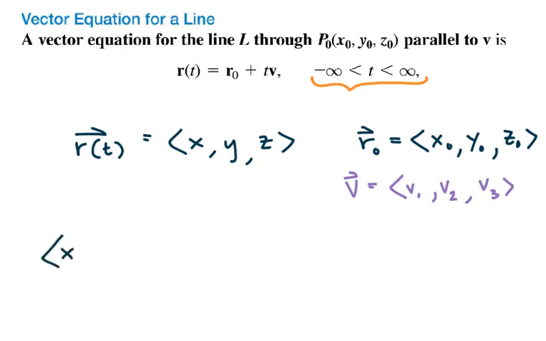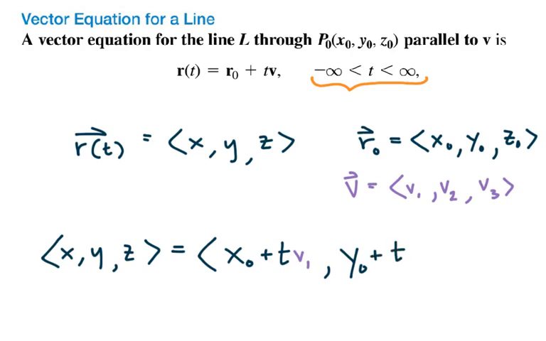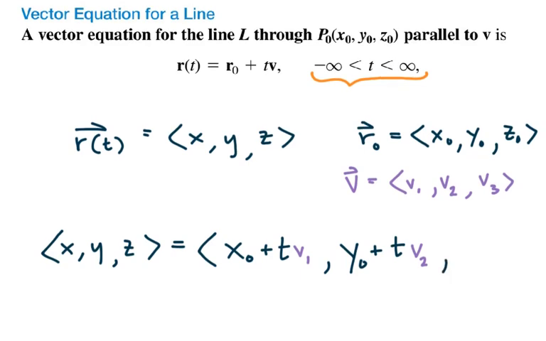I can say that the x, y, z vector is equal to my x component here. We've got x sub 0 plus some scalar multiple t of v sub 1, y naught plus some scalar multiple t of v sub 2, and z naught plus t, the scalar multiple, times v sub 3.